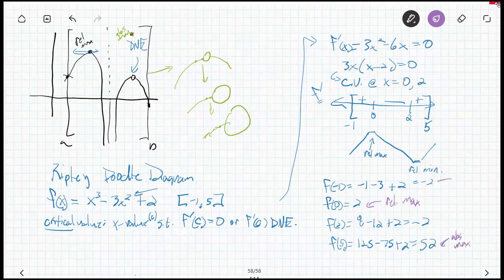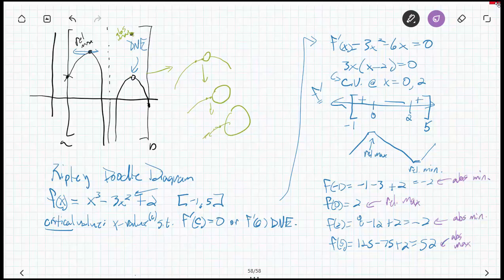And this guy right here, well, check that out, that's kind of crazy. At f of -1, which is at the endpoint, I got -2. And f of 2, I got -2. Let me make sure that's true. Yeah, I'm good. So these are both absolute minima. Minima is just the plural for minimum. And this is going to be the abs min as well.